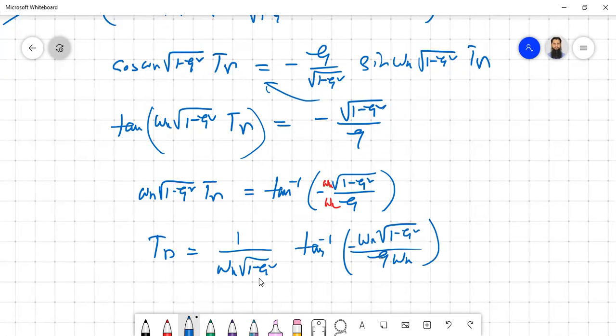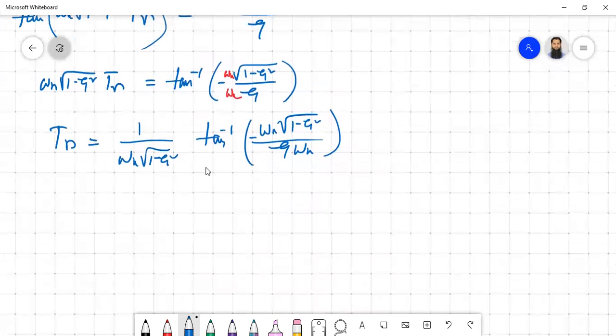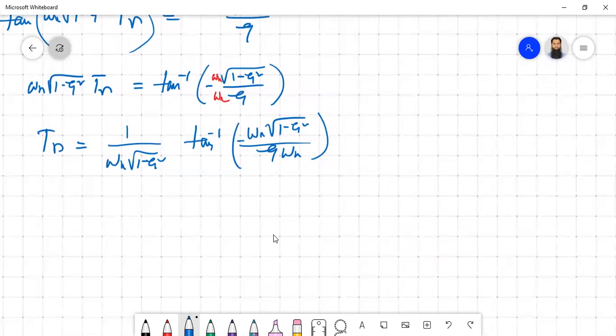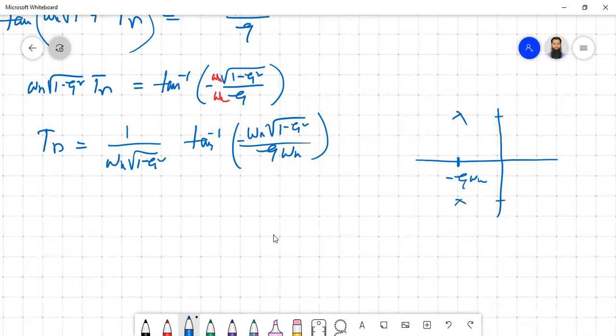Whether you have noticed or not, these two quantities that you have obtained here are actually the real and the imaginary parts. This is minus zeta omega n. If your pole is around here, that is your j omega n root over 1 minus zeta square. So it is advisable to give them as indicators here rather than the numerator.